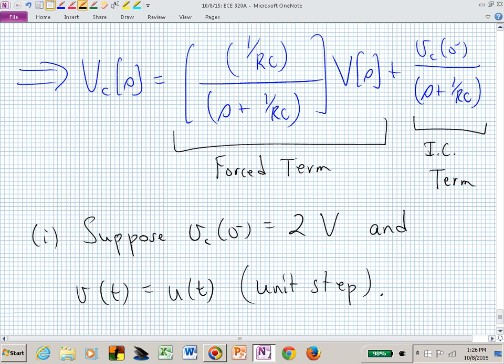We want to know what the capacitor voltage looks like, if that capacitor was initially charged at 2 volts and we apply a unit step as our voltage signal that turns on at t equals 0.